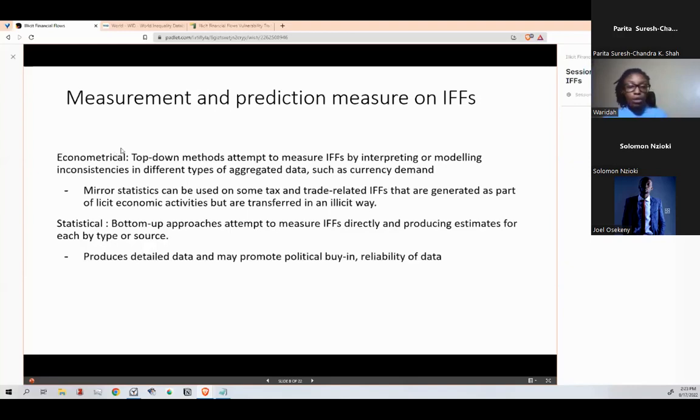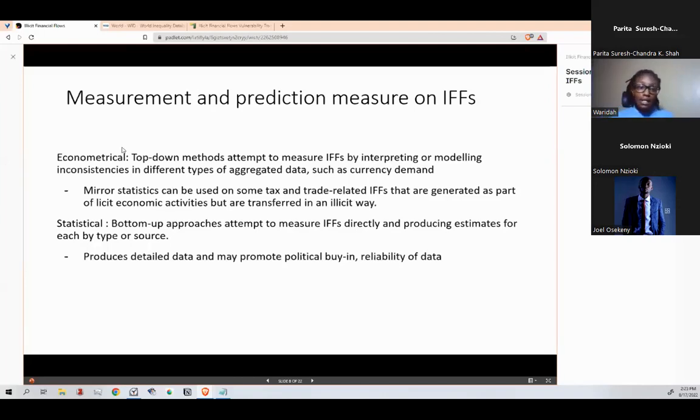So in this method, it's looking at that data, the aggregated data of the licit economy, tax and trade related, and then the inconsistencies that are seen in the final reporting systems. So that is one of the ways.